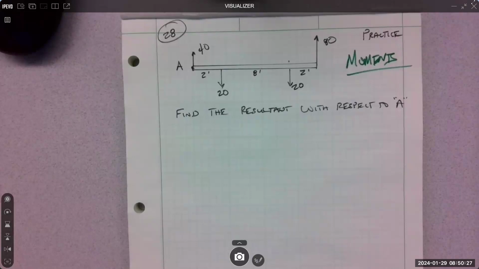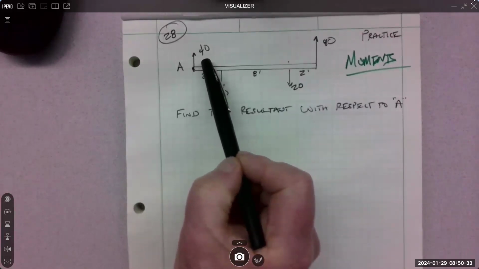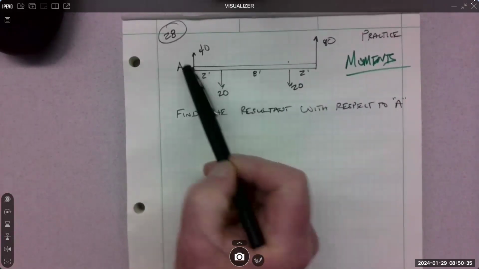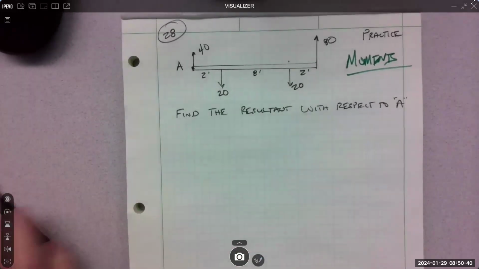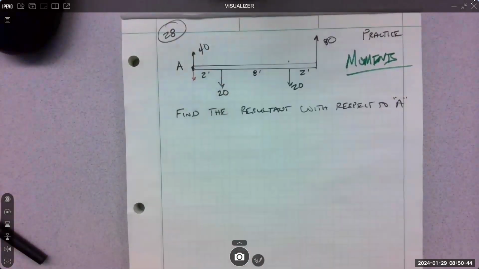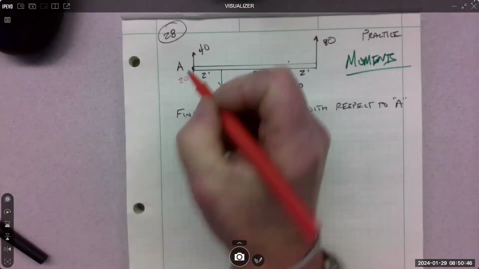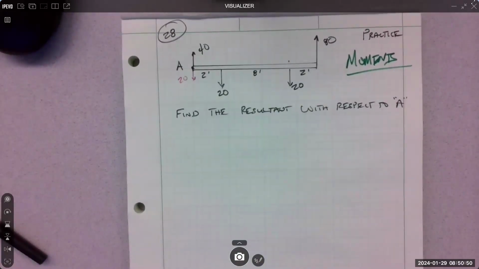So you're going to move everything to A. The 40 is already at A, so we don't have to move it. It's already here, so don't worry about that one. But the 20, we've got to move over. So it's going to come over here. What's the unit on this? Pounds? Yeah, everything's in pounds.